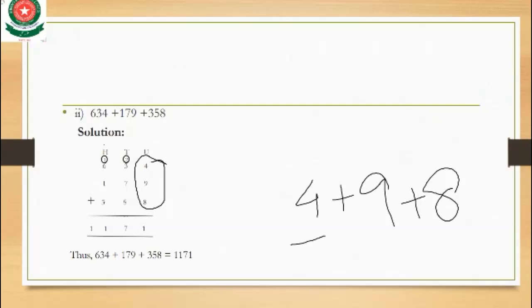4 plus 9 is equal to, tell me, 9 plus 4 is equal to 13. 13 plus 8 is equal to 21.